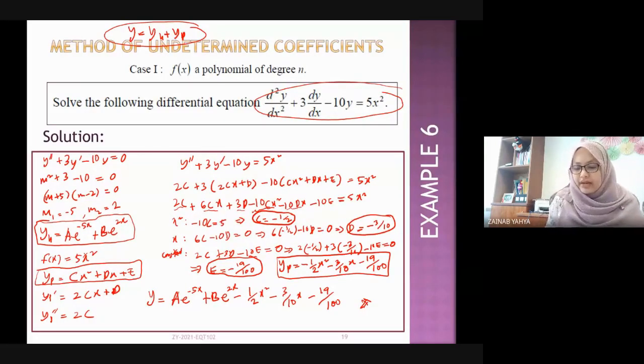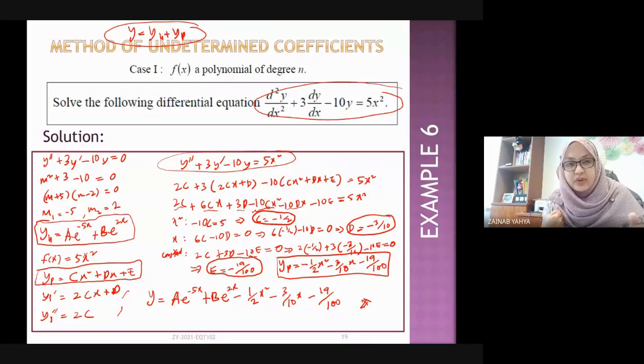So I repeat the steps again. First, find the homogeneous solution yh, and then find your yp corresponding to your fx. Then differentiate yp to get yp prime and yp double prime, and substitute in the original equation given.